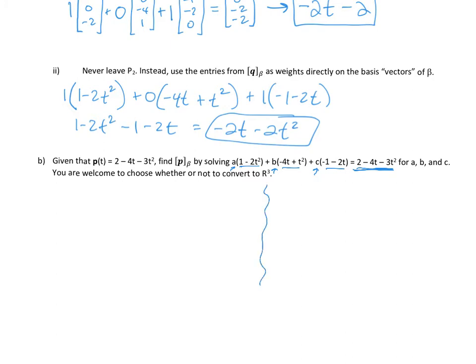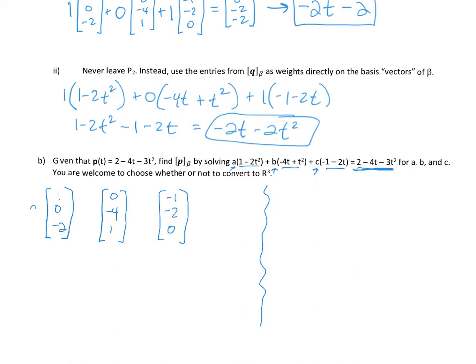Okay. So if I convert to R3, I'm going to take each of my elements from the basis: 1, 0, negative 2; 0, negative 4, 1; and negative 1, negative 2, 0.